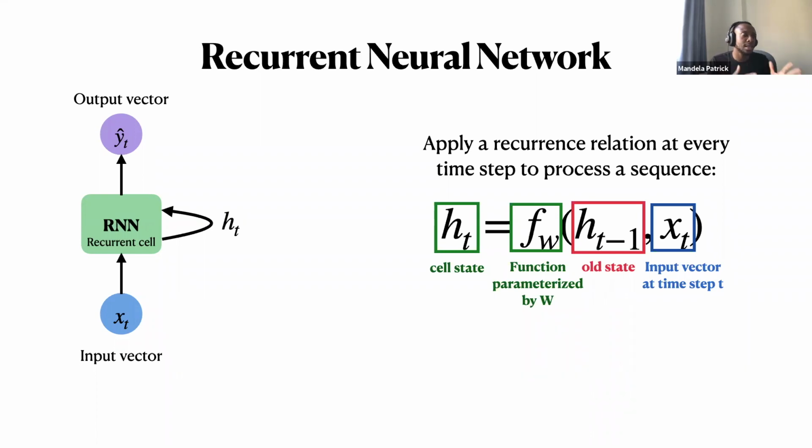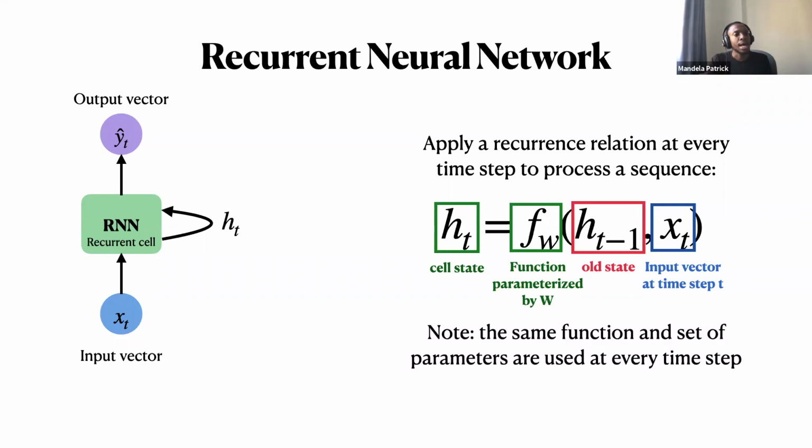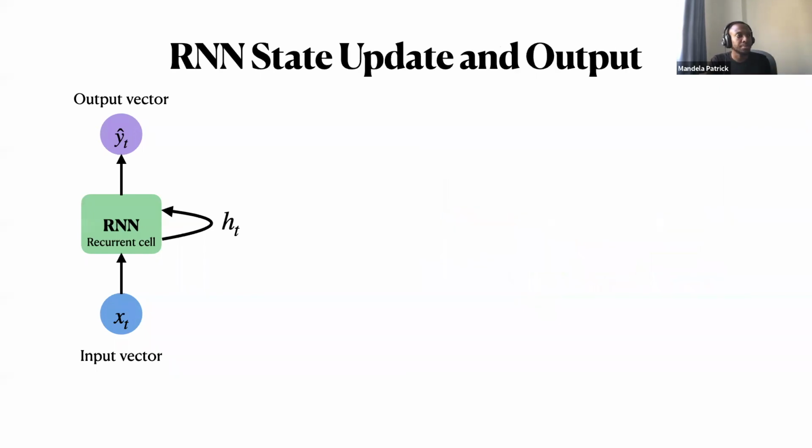It's very simple. If you look at the diagram, x of t is the input, h of t is the context. And given your context and your current word, you want to output the current context. We use the same function and set of parameters at every step.